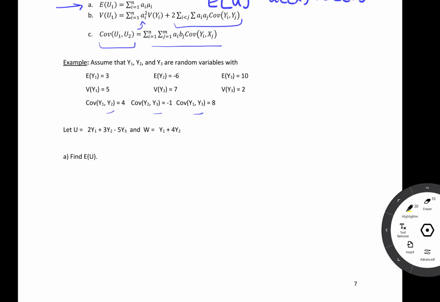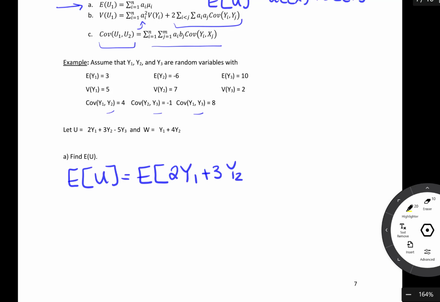So the first thing we're going to do is find the expected value of u. First thing I'm going to do is plug in what u is equal to. And now I can apply part A of the theorem that we have up above. And notice this is equal to the following.